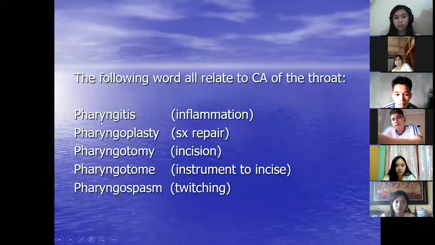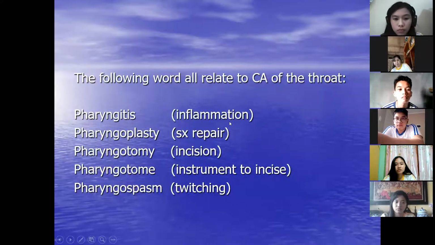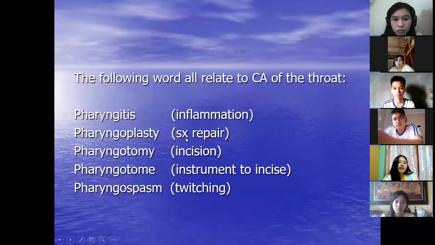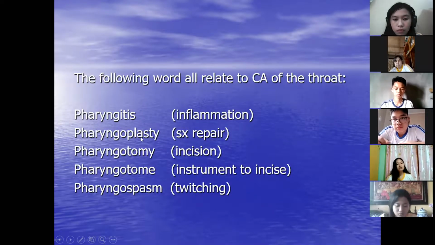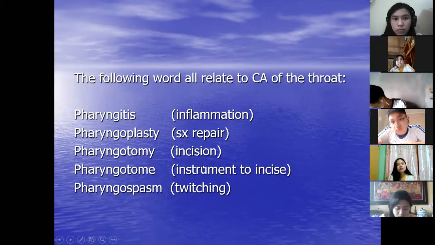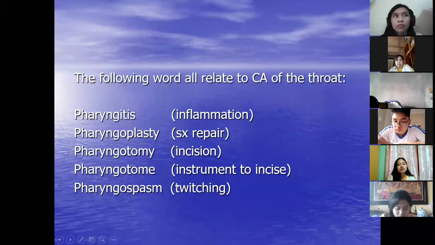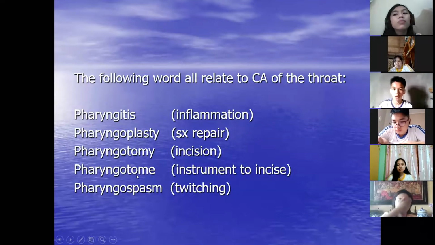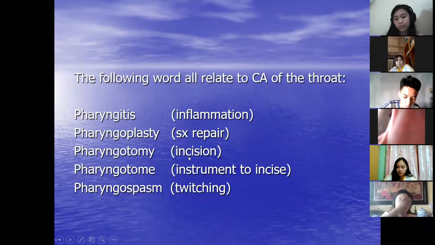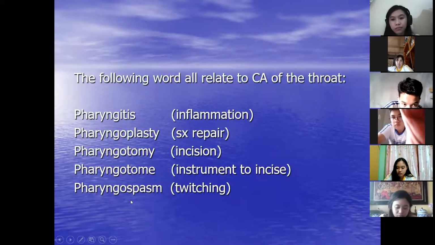Pharyngitis means inflammation of your pharynx. Pharyngoplasty means repair of your pharynx. Plasty means repair. Pharyngotomy, incision of your pharynx, to cut your pharynx. Pharyngotome, which means the instrument to incise the pharynx. Tome means to cut, the instrument.